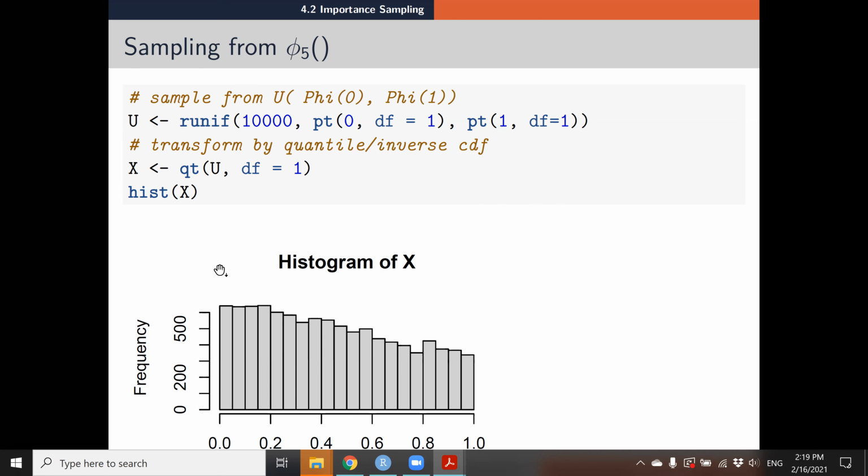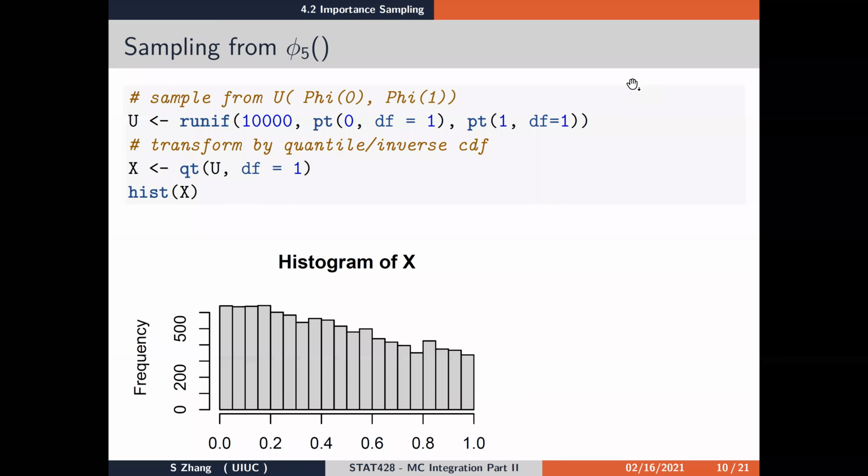Here's a histogram of the x draws that we have obtained. You can see that all of the samples are between 0 and 1, and the shape looks like a chunk of the t distribution between 0 and 1, which is nice.